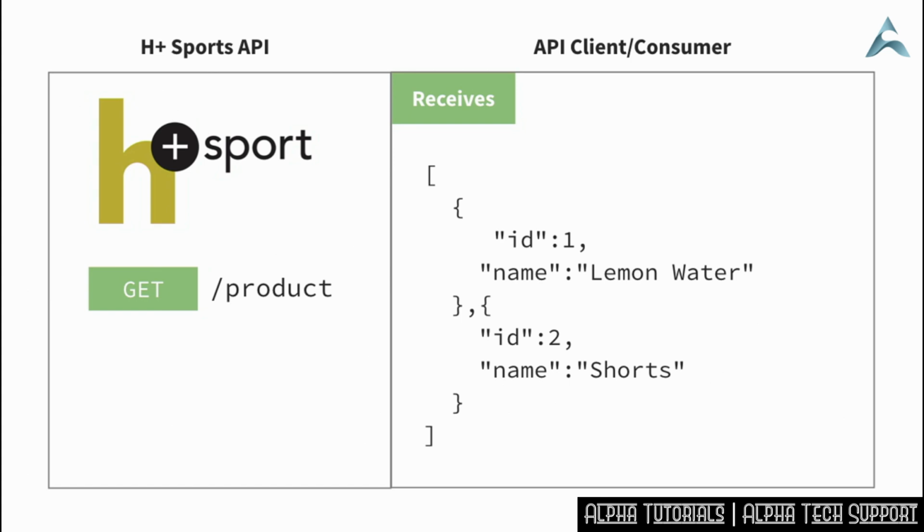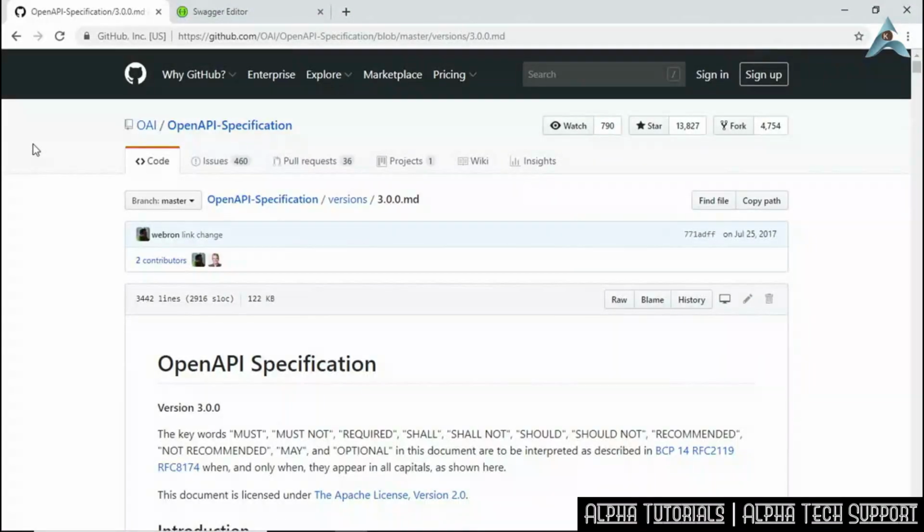The API operation is invoked by sending a GET request to the product endpoint. The API will respond to the request by returning an array of products found within the catalog. Our API definition is going to be very minimal, and we're only going to provide the required fields for the smallest possible API definition we can create.